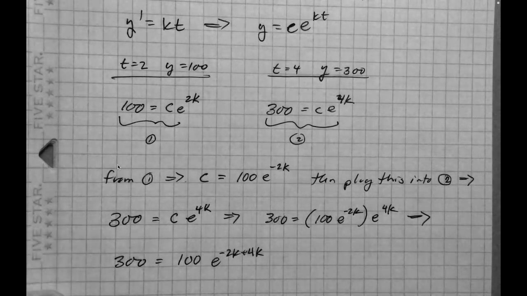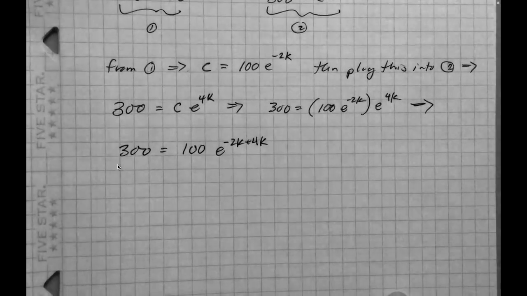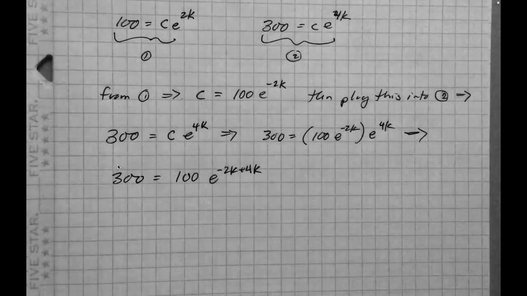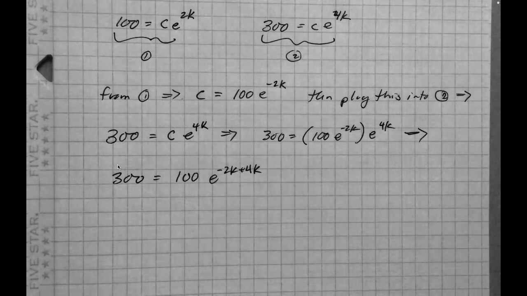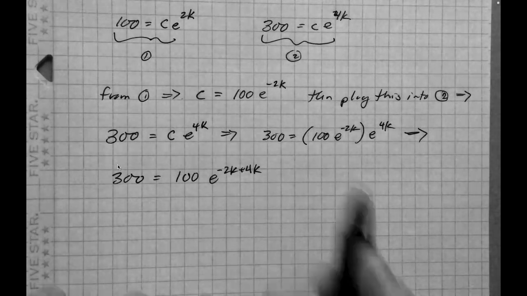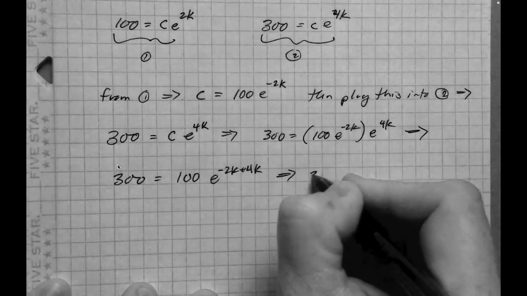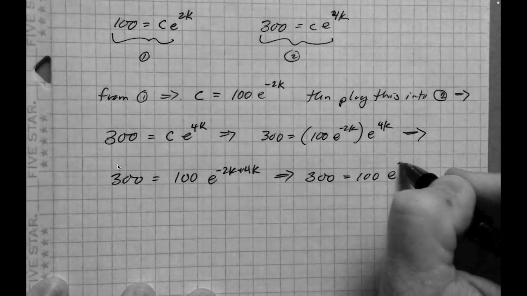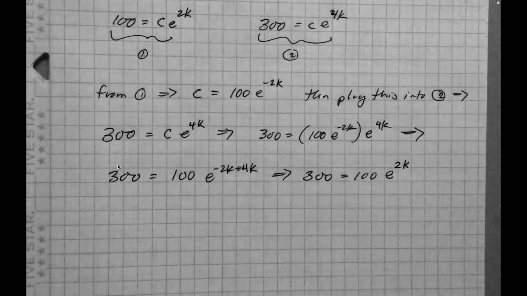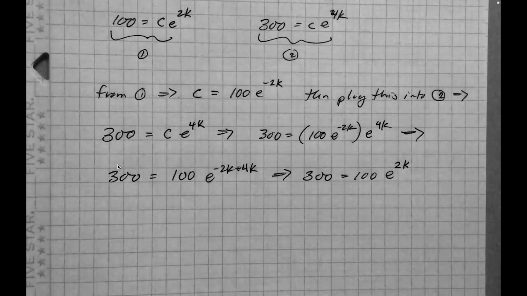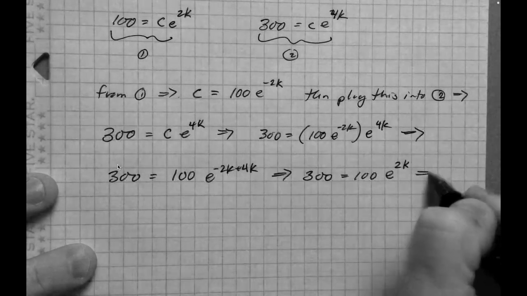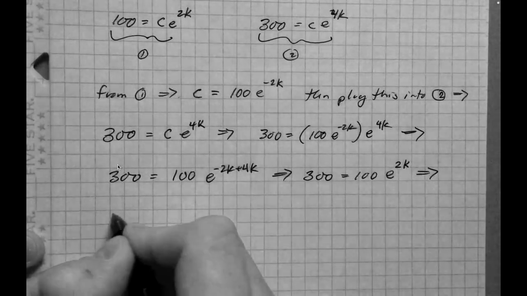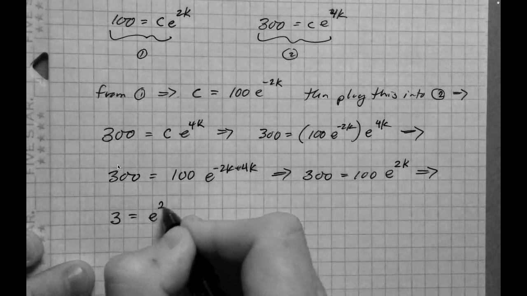I guess this will exercise your natural logarithm and exponential function skills. So 300 is equal to 100 e to the 2k, and from this we can solve for k. Let's divide both sides by 100, and we get 3 equals e to the 2k.